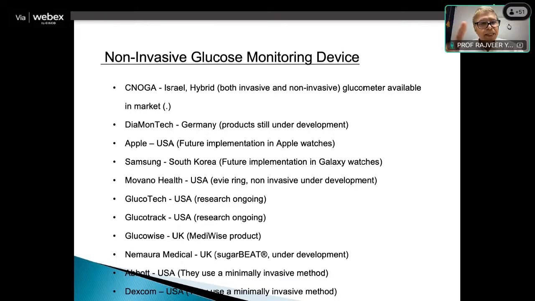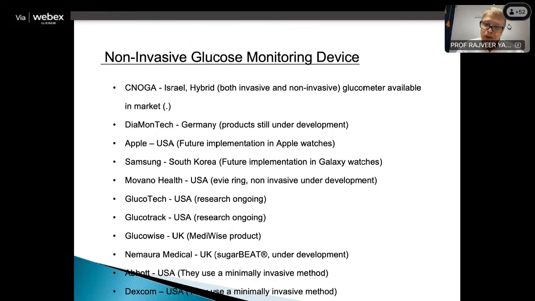The second topmost company working in this domain is Diamond Tech, which is from Germany, and they are able to develop this device, but they still have to clear the FDA approval. So before taking this Diamond Tech device, you need to confirm that it is FDA approved. Then only you can rely that the device is suitable and it may provide accurate reading.